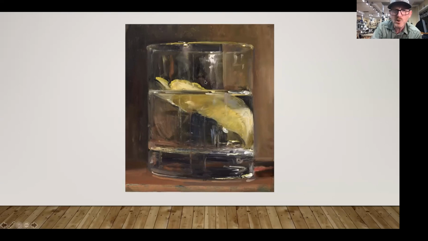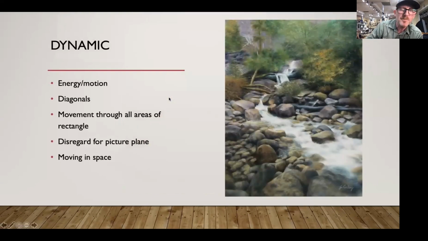Our second compositional format is the dynamic format. Now, in the dynamic compositional format, we are trying to create energy and motion. We achieve this typically through diagonals. Diagonals seek to move us through the composition a little quicker and in opposition to the vertical and horizontal structure of the original rectangle.